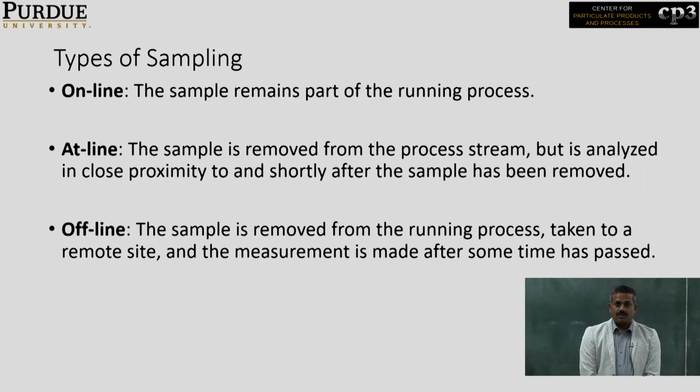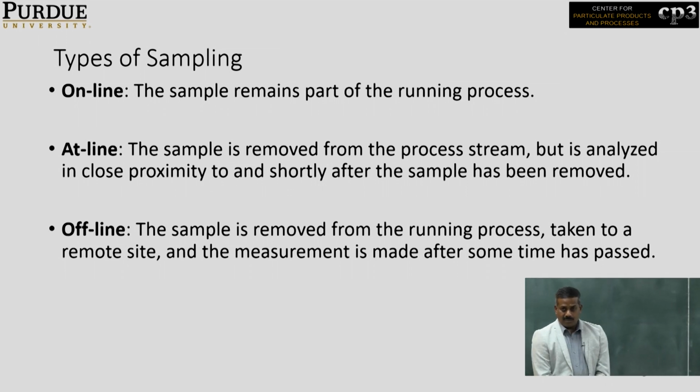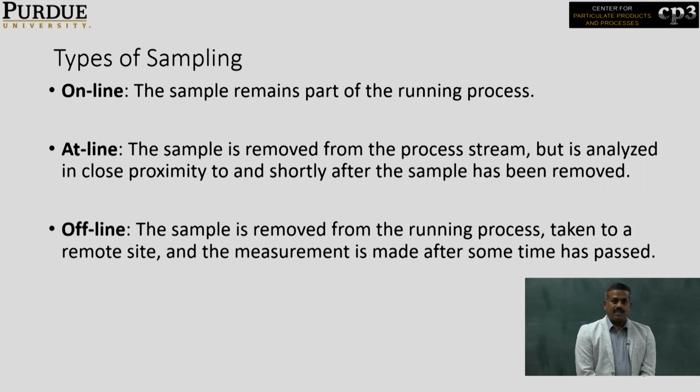For example, going back to the wheat milling process, the flour will still be in the pneumatic handling system, but there could be a laser diffraction system that measures the size of those particles on the floor. Online is very common nowadays. You would have seen many industries using NIR, near infrared systems, so that you don't have to take the samples out. On the floor you measure the characteristic.